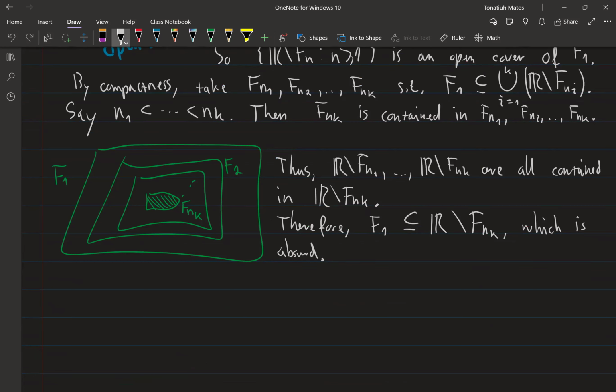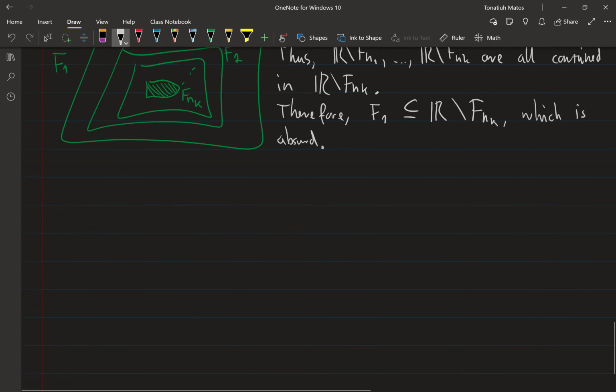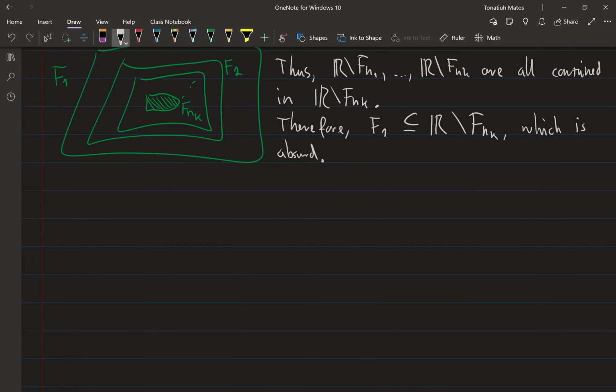Now, how does this translate to compactness? Because compactness is stronger than being closed. Compact sets are not just closed, they are more. So surely there's a way to talk about compactness just in terms of sequences. So how do sequences play a role?